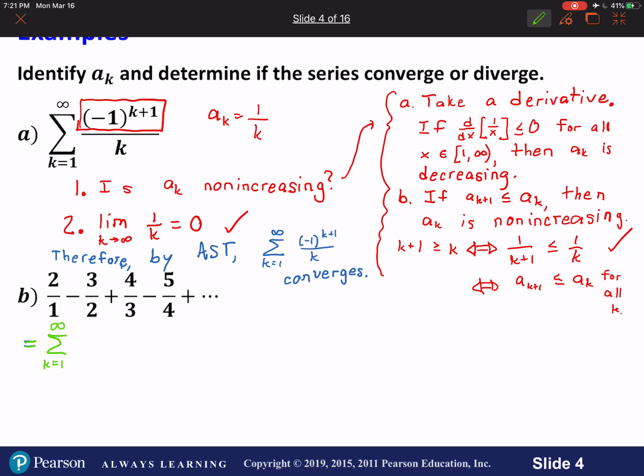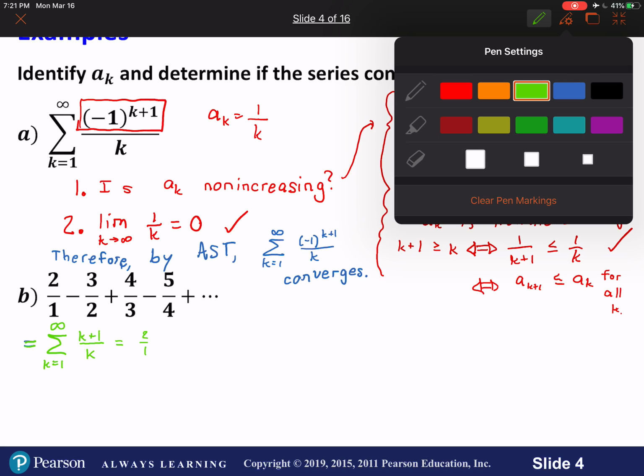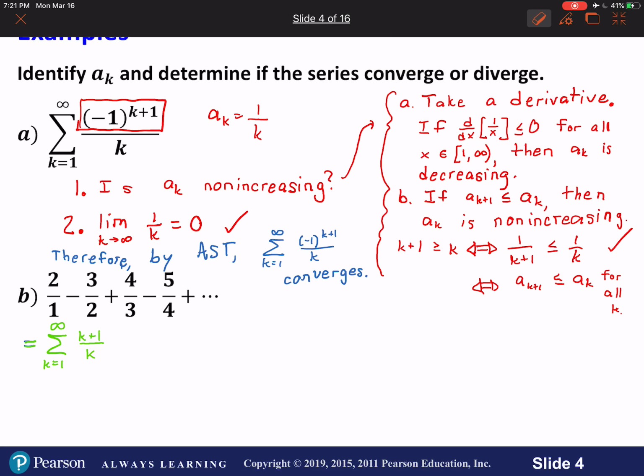So we could write this as (k+1)/k. And let's double check that to make sure it makes sense. If we were to plug in k equals 1, then we would get (1+1)/1. So we would get 2 over 1. All right, so I have made a slight mistake here. Go back.